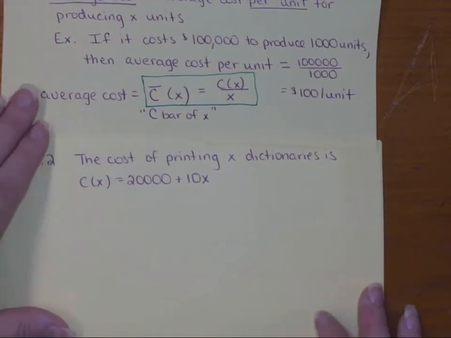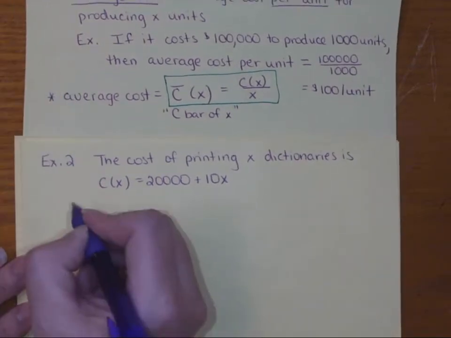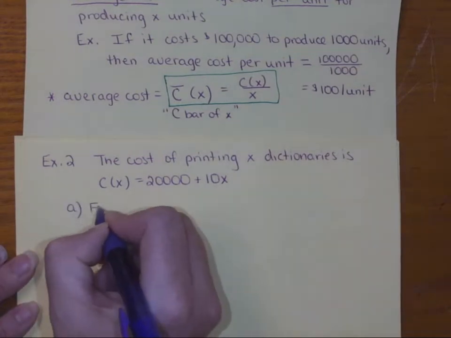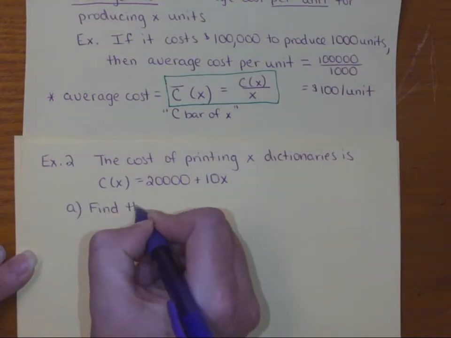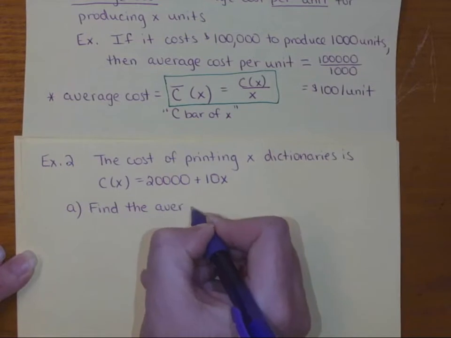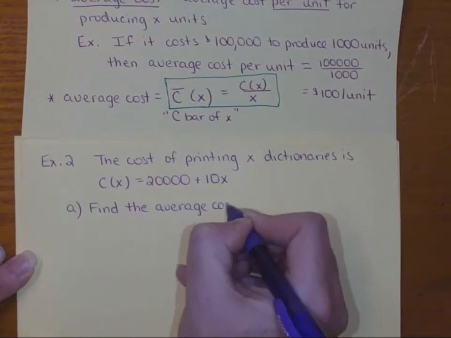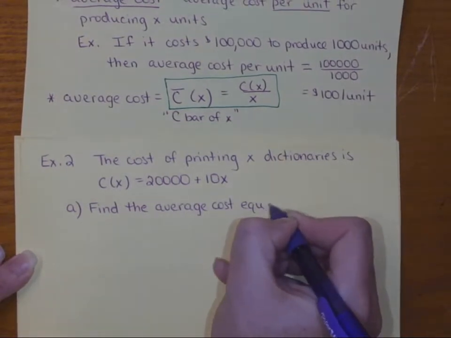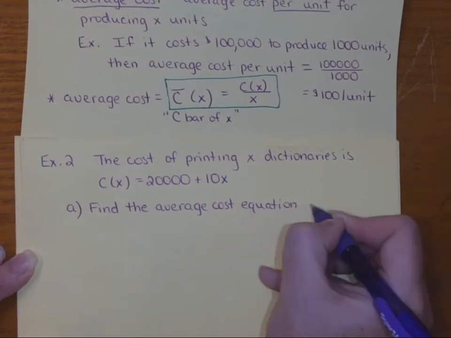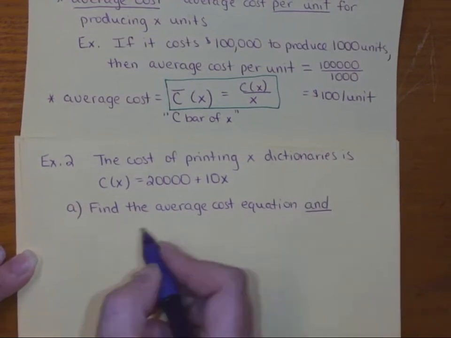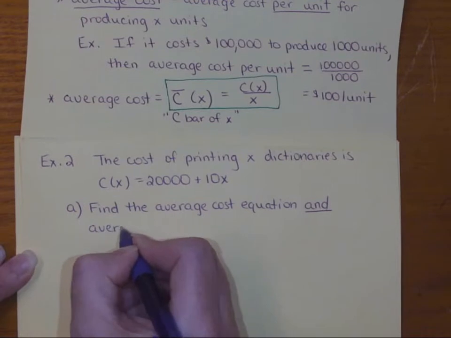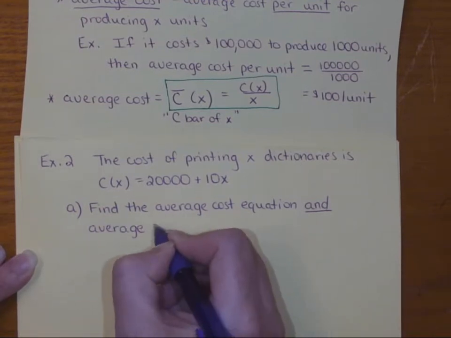I'm going to ask you to find some things based on this. The first thing I want you to do is find the average cost equation. And I want you to find the average cost per unit if we make 1,000 dictionaries.